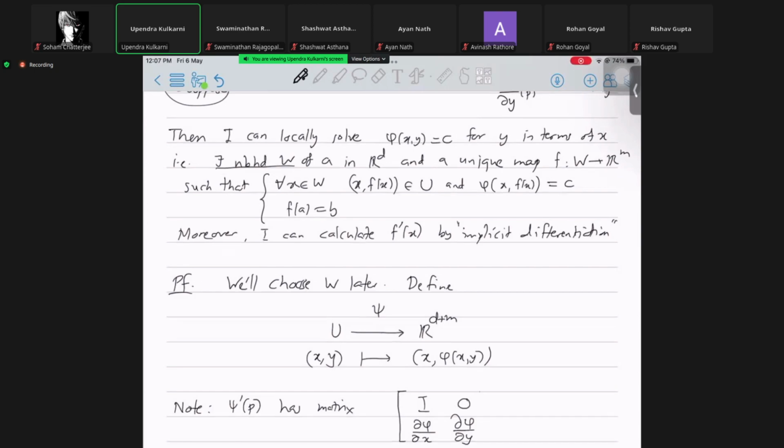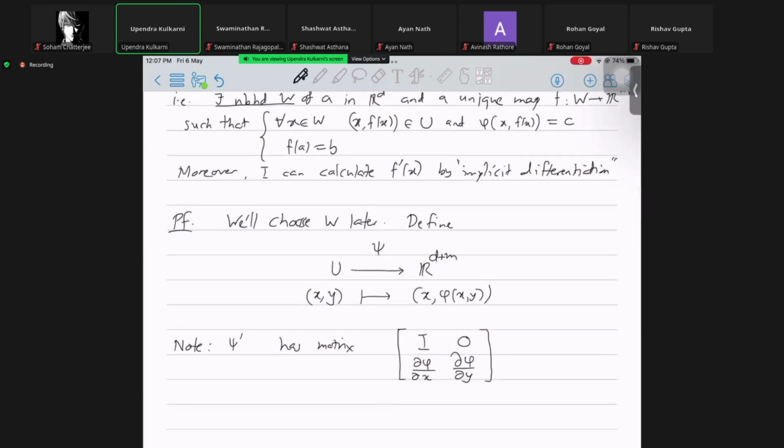So, since I did not write it, here. So what we know is that this is non-singular at P, because the determinant is essentially equal to the determinant of just the lower right part, right?